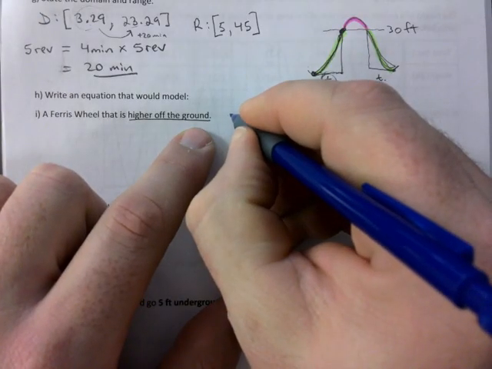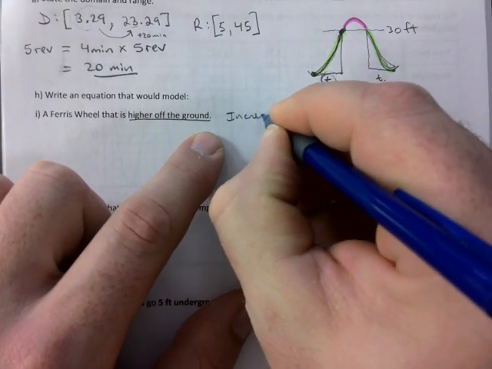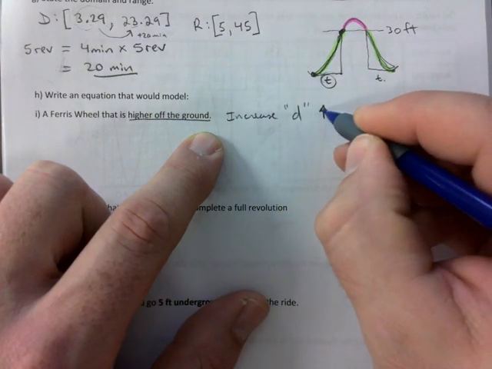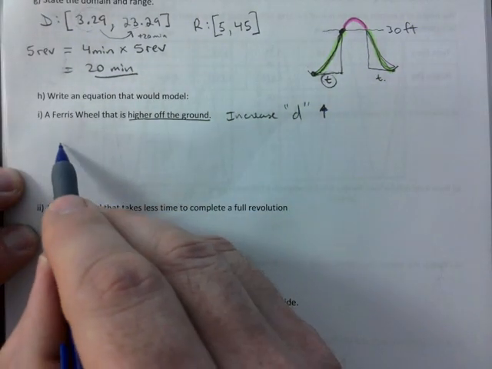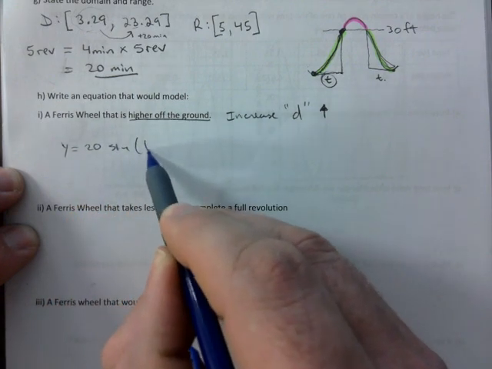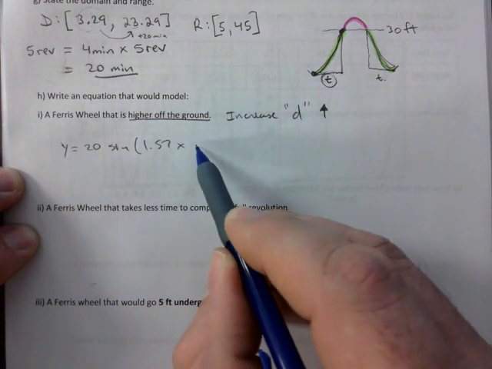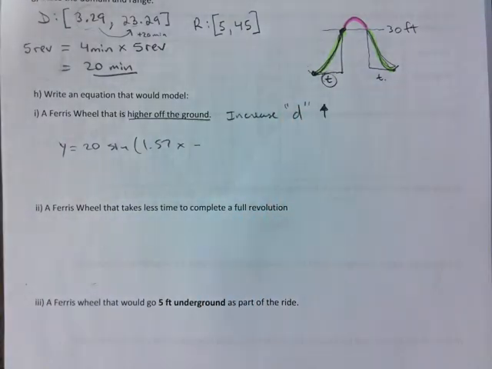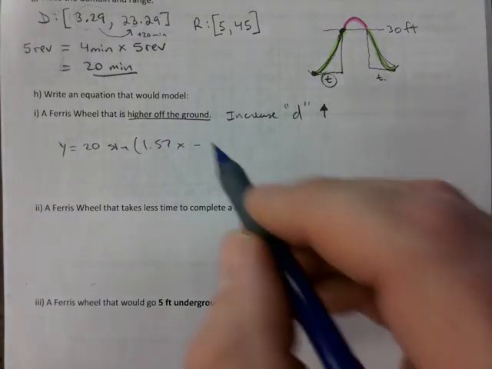So we're gonna increase D, right? We're gonna increase it. So y is equal to 20 sine of 1.57x minus 0.45.